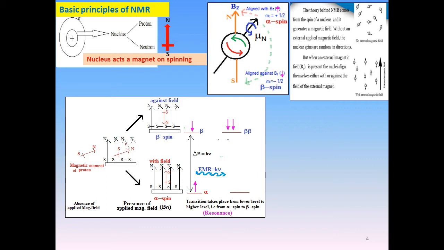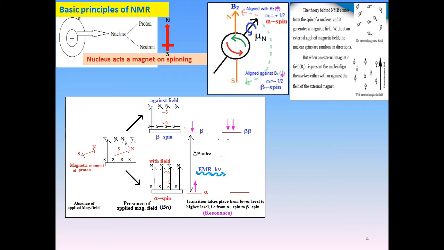So once the alignment is over, the nuclei, when they are irradiated with an electromagnetic radiation of a proper frequency, then there comes a transition. The transition comes from the alpha spin to the beta spin. When the energy of the radiation matches the energy difference between these spin states, the transition takes place.